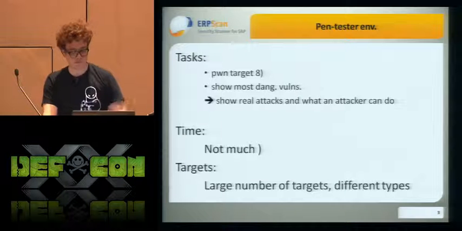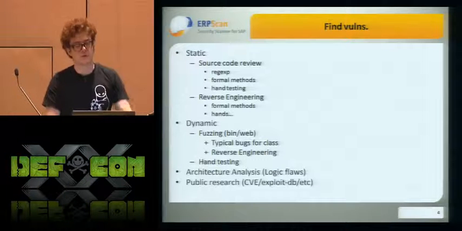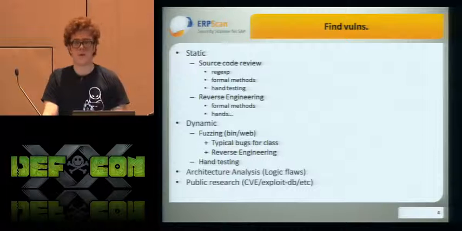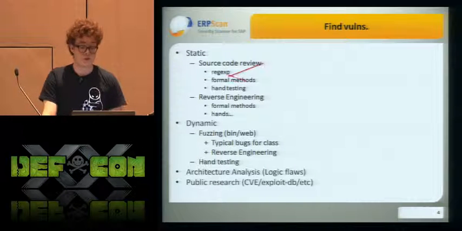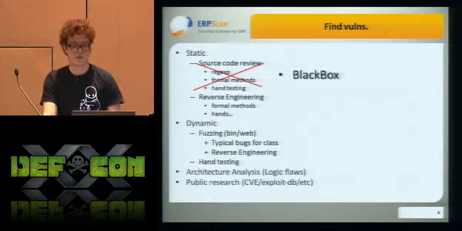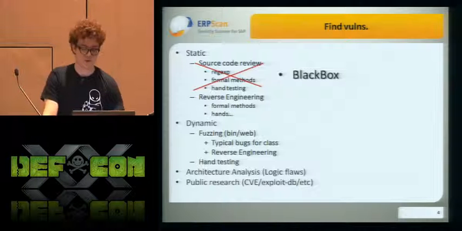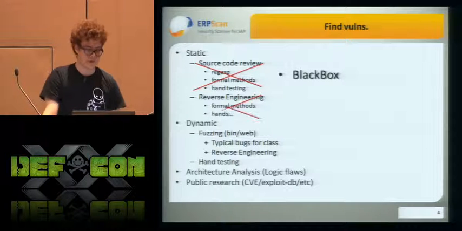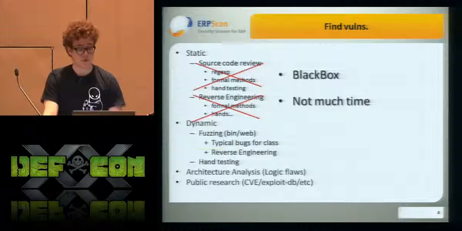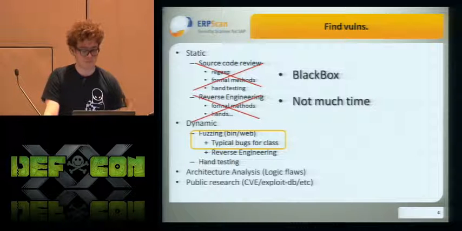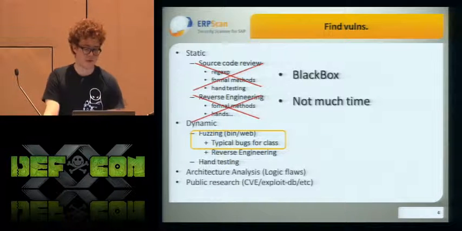It's limited. So we can't use all bug hunting methods like source code review, because it usually takes a lot of time and we need source reverse engineering. For the same reason we can use only a little bit of fuzzing if we have a web or binary target.